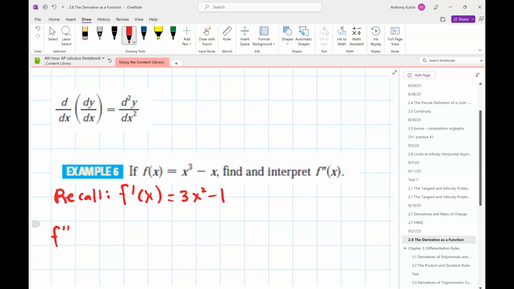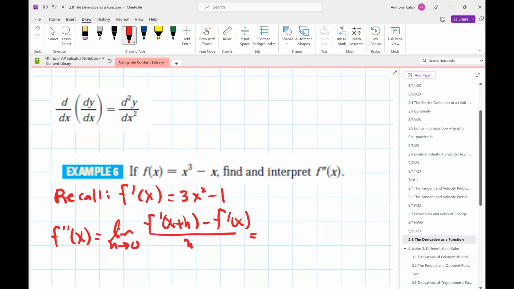So if I want the second derivative, same idea, right? I'm just plugging into the derivative instead of f.